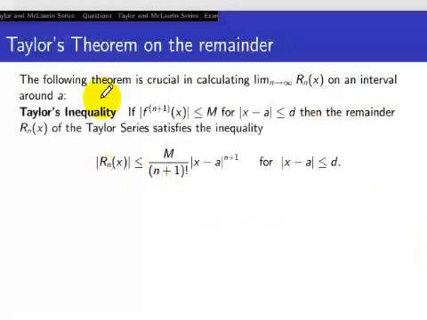So look at this, we get this property here. Our error function is less than or equal to m, the bound for this n plus 1 derivative of f over this interval, m over factorial n plus 1 times this factor here.